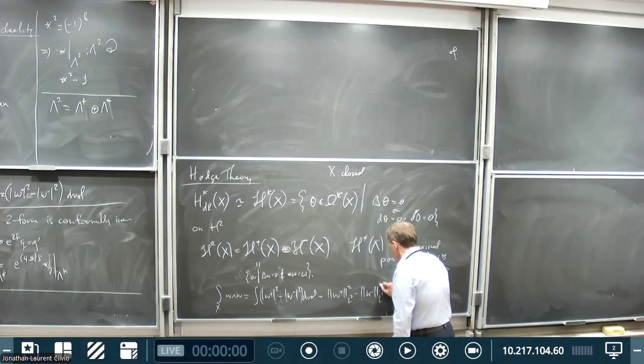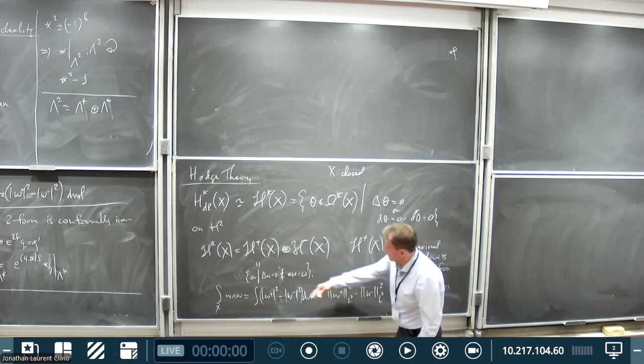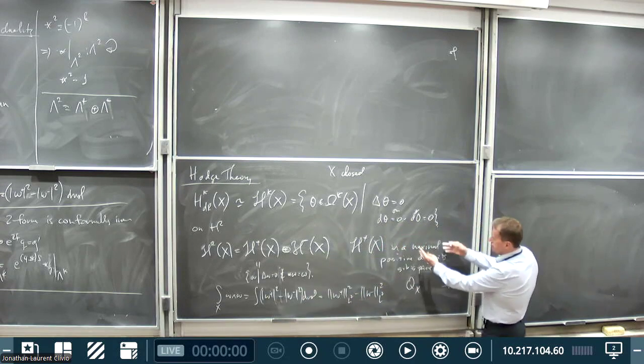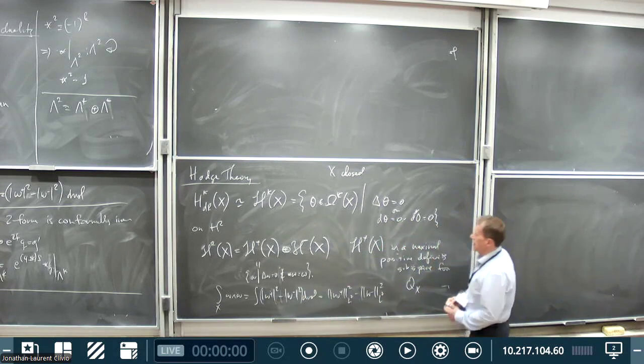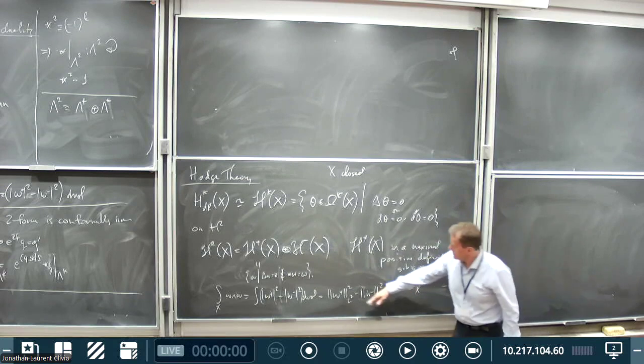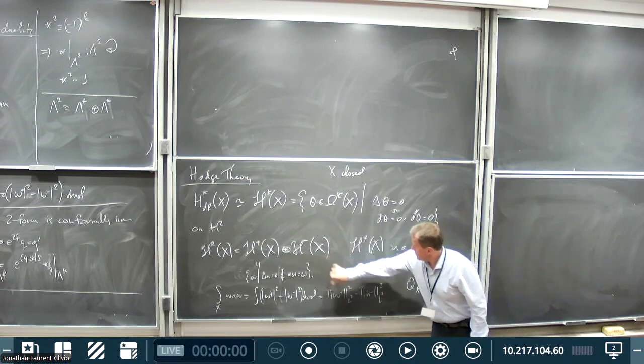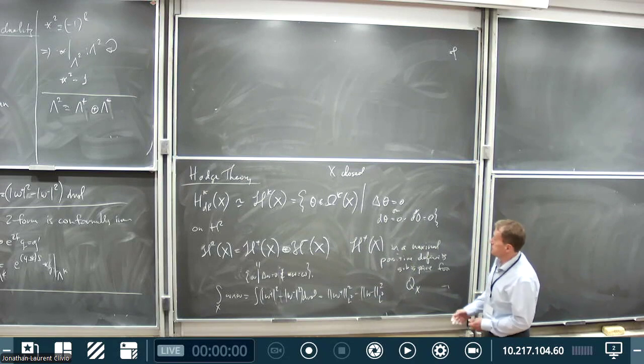This equation explains why this is a maximal positive definite subspace. Similarly, H minus is a maximal negative definite subspace.